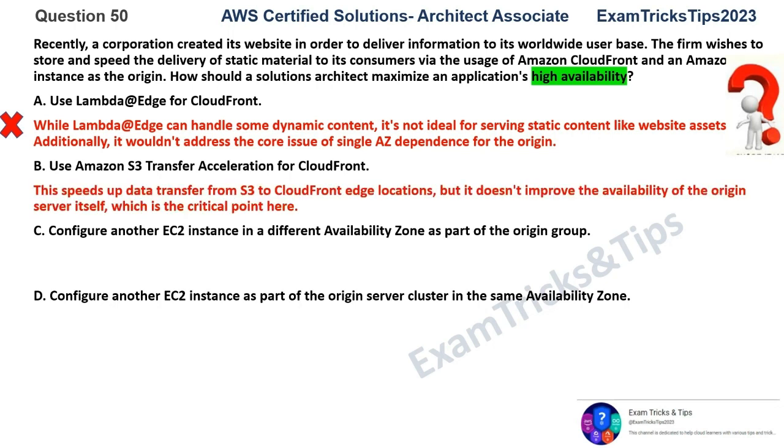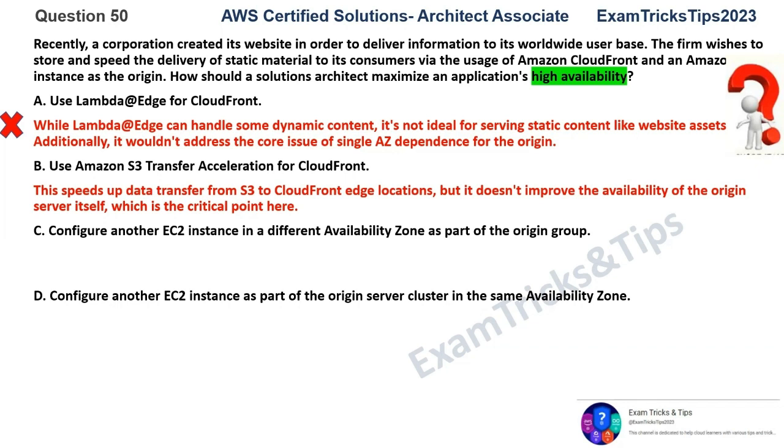Option C and option D both say let's configure EC2 in a different availability zone, and option D says let's configure another EC2 instance as part of the origin server cluster. So in both cases, there is an additional EC2 instance being added. So these two options are at least doing something in the direction of adding redundancy and increasing the availability of the solution.